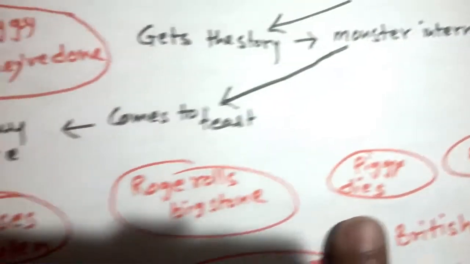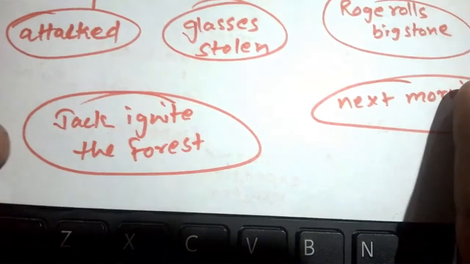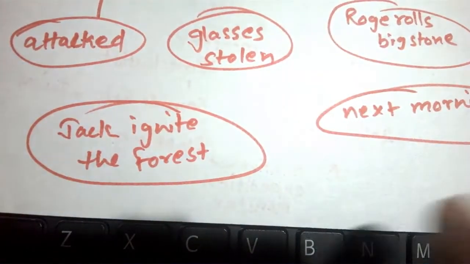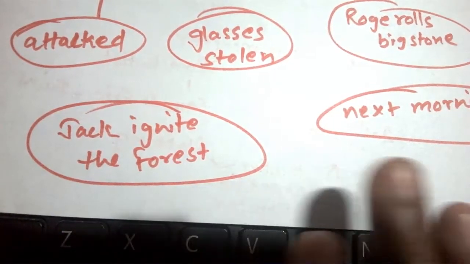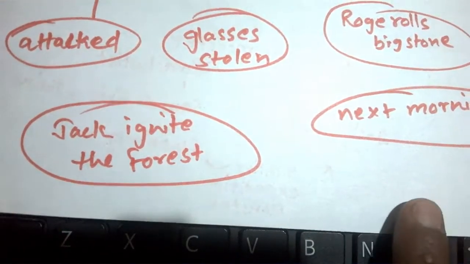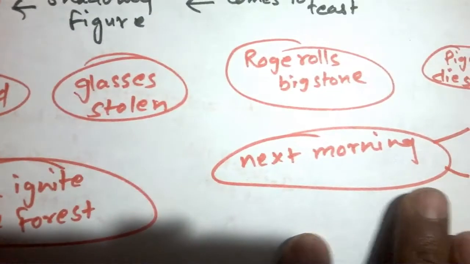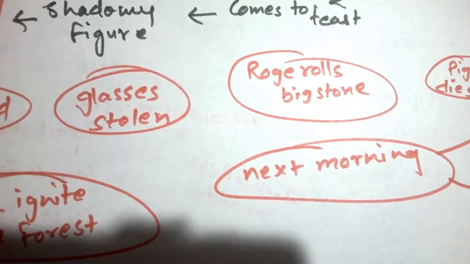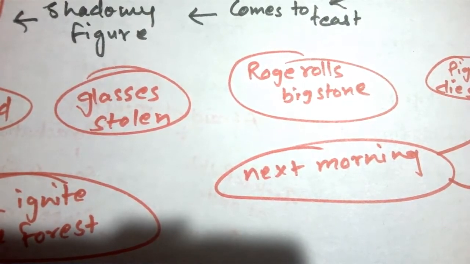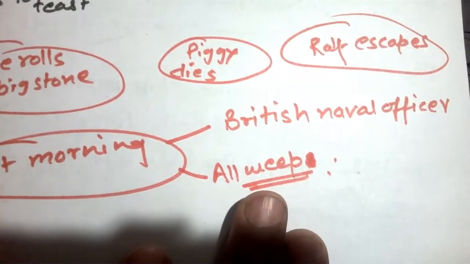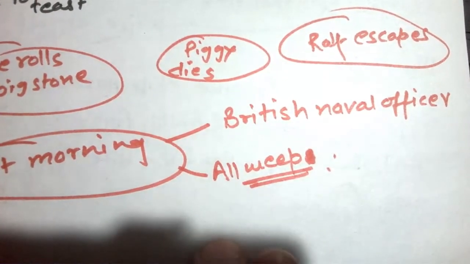But Ralph escapes and goes to the jungle and hides there. Jack ignites the whole forest so that he can get Ralph, but he doesn't come back. When Ralph was exhausted, he comes to the beach, and he faints there. But when he opens his eyes the next morning, he sees a British naval officer in front of him.